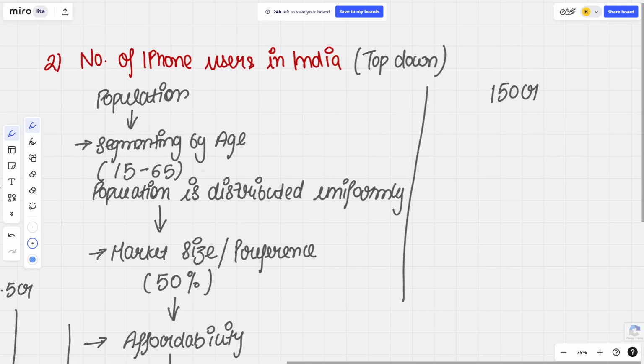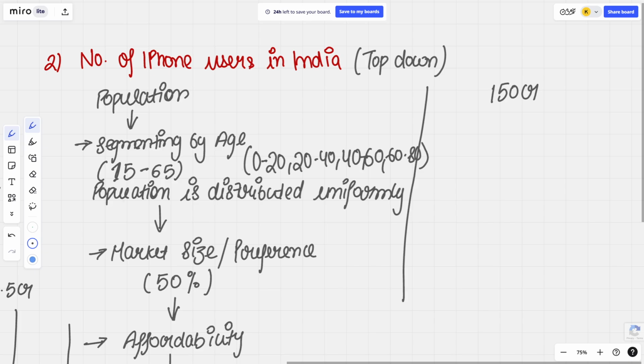Now doing the maths that is required, again the population is 150 CR. So I have divided the age group into 0 to 20, 20 to 40, 40 to 60, and 60 to 80. I'm assuming 80 is the average life of an Indian and divided into four segments.